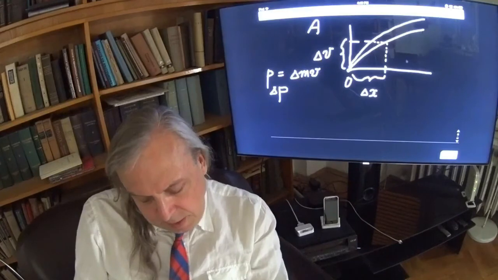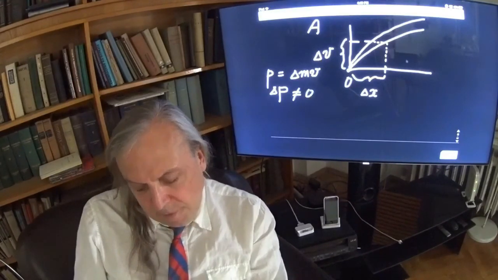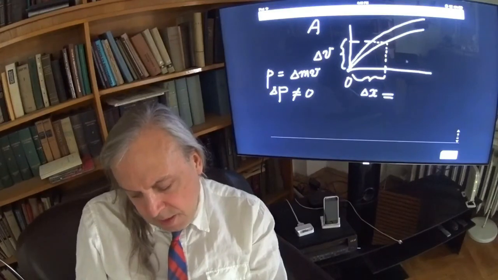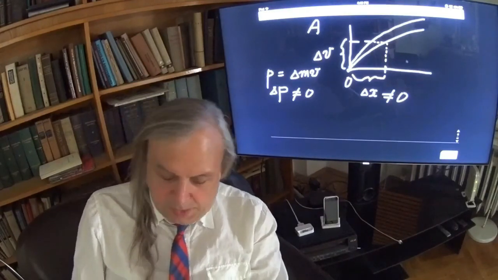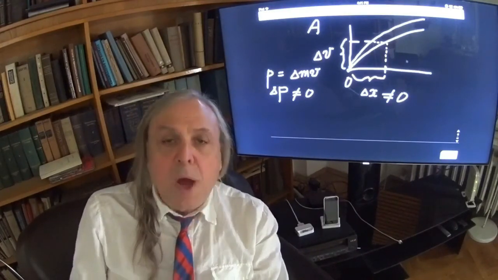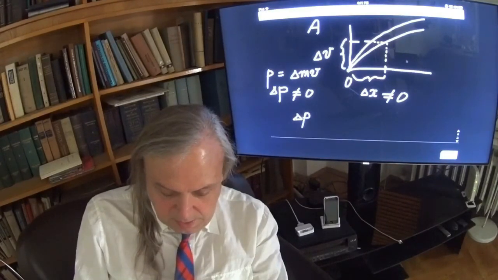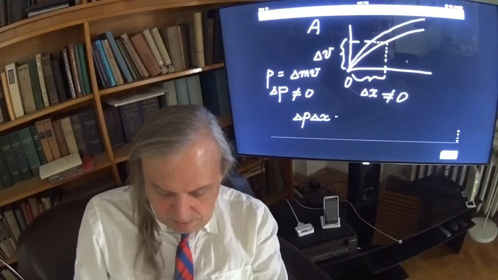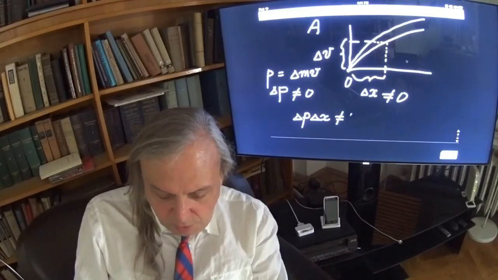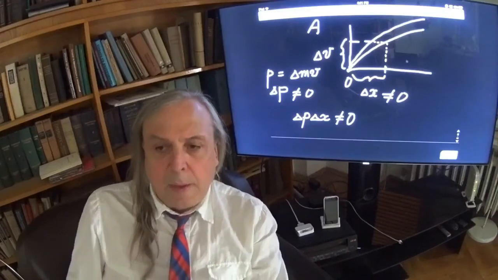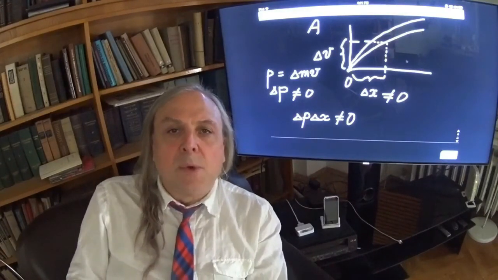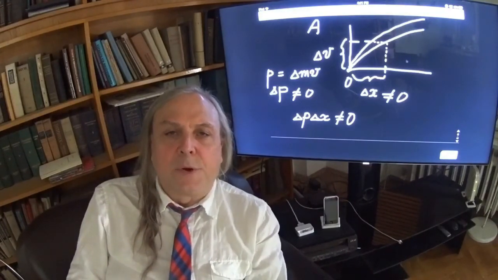Now the fact that the change of momentum is different from 0 and delta x is also not 0 shows that their product, delta p times delta x, is never zero when a free body is in motion under the action of a constant force.